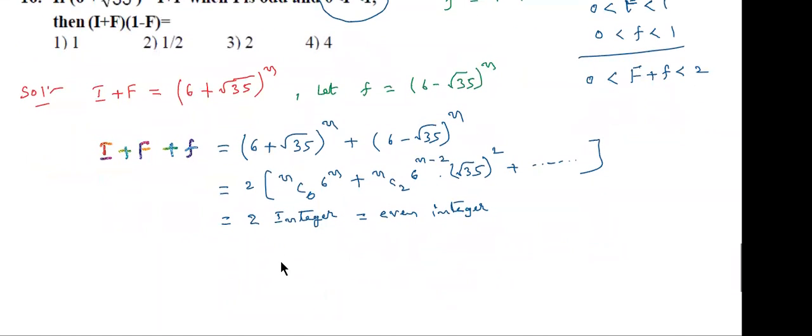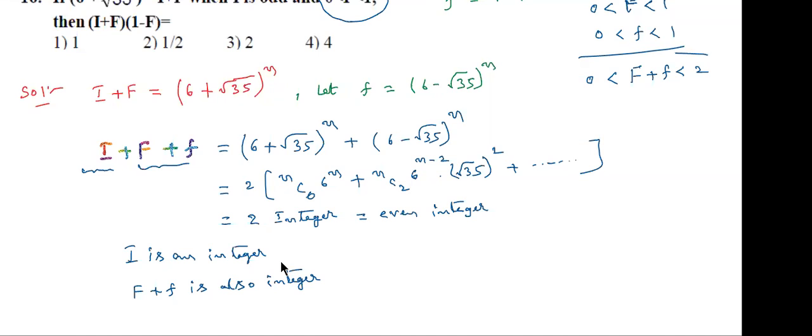Here it is already given that I is an integer. Then what about F plus f? I is an integer means F plus f is also an integer. Yes or no? Then only we get the integer. F plus f is also an integer. Now finally, F plus f value lies between 0 and 2. In between 0 and 2, what is the integer, students? What is the integer? 1 only.